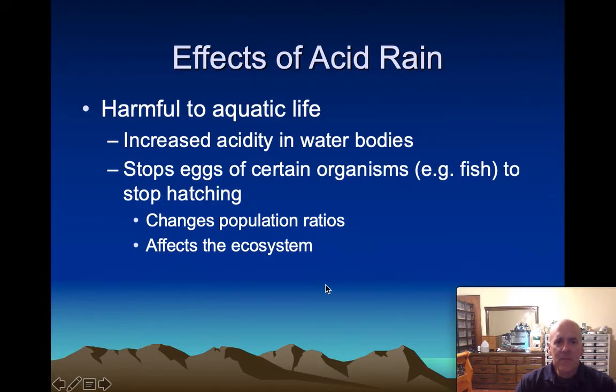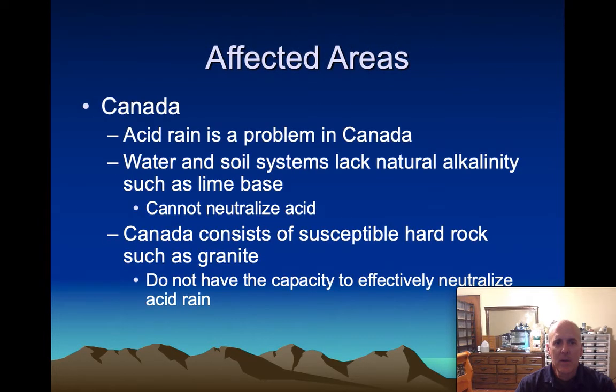Aquatic life: increased acidity in water bodies can stop eggs of certain organisms from hatching. Some fish eggs will not hatch if the pH is wrong. Changes population ratios and affects the ecosystem. Areas that are affected: Canada has a pretty big problem with acid rain.